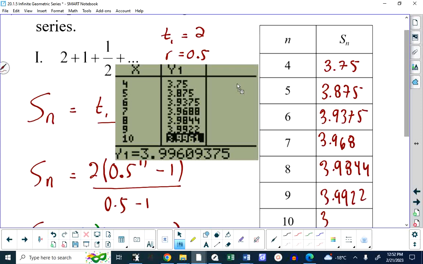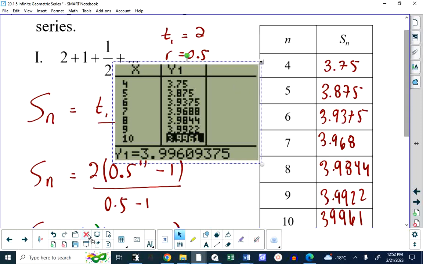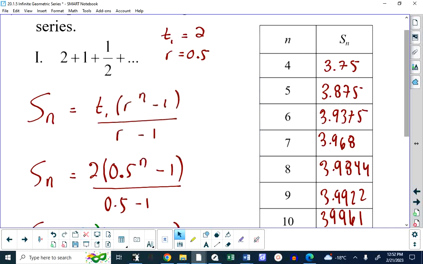And then 3.9961. I'd like to point out to everybody that the sum keeps getting bigger. Yes? And that makes sense because all of these numbers are positive. Every time you add another one on, you get more.